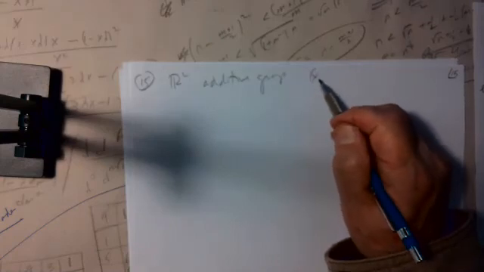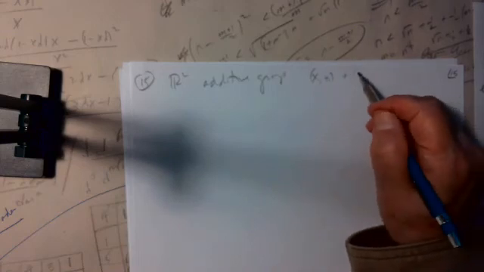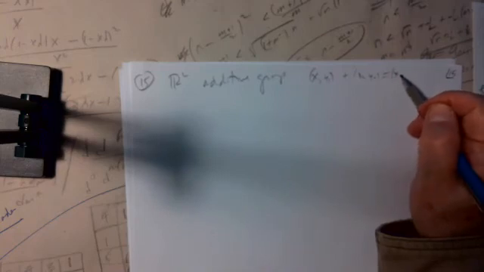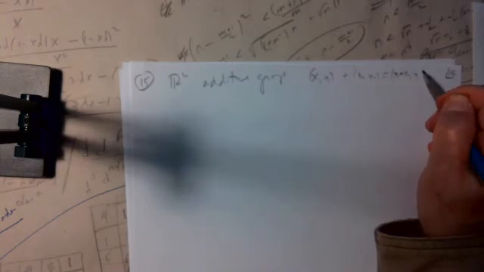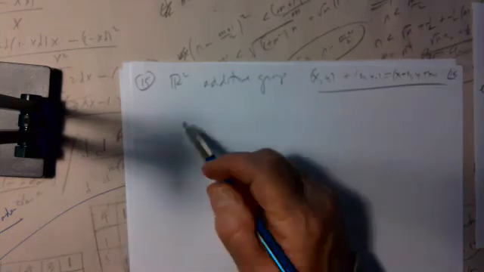If you have x1, y1 and x2, y2, you add coordinate-wise: x1 plus x2, y1 plus y2. It's just adding vectors in the plane.